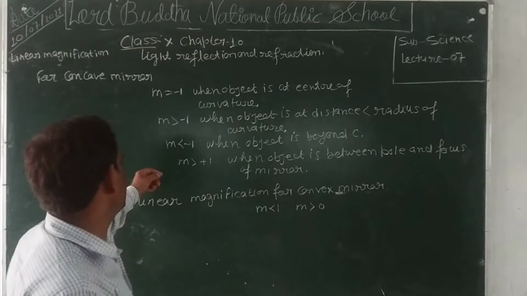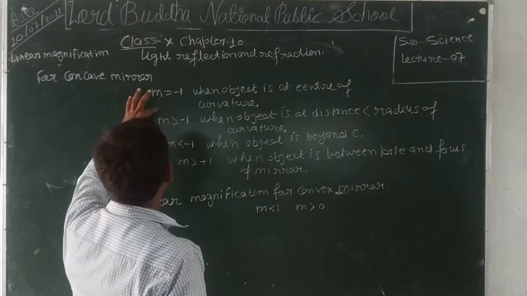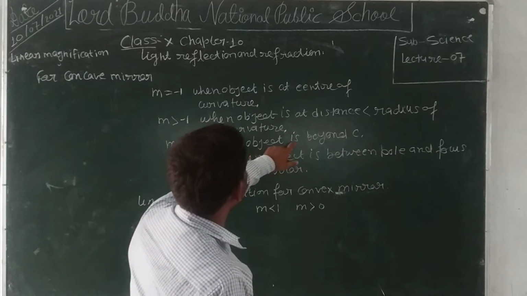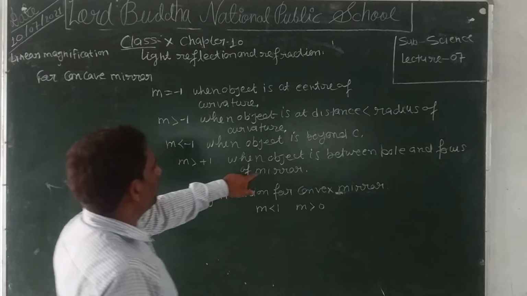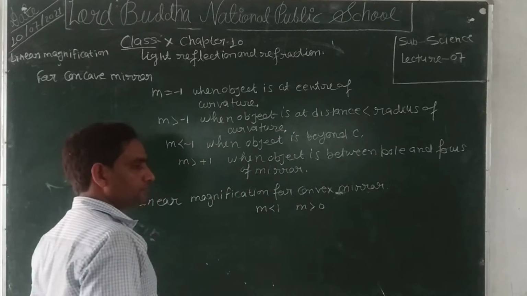And next case, here m is greater than -1 when the object is beyond C, and m is greater than +1 when the object is between pole and focus of the mirror.